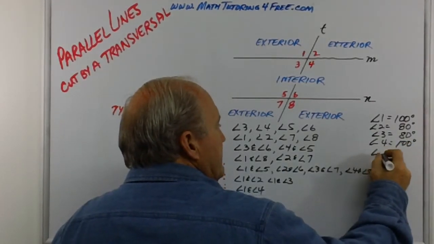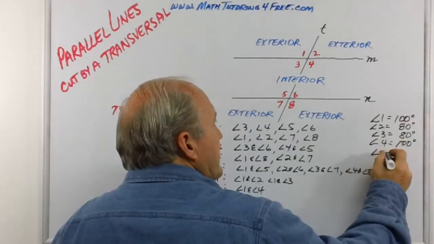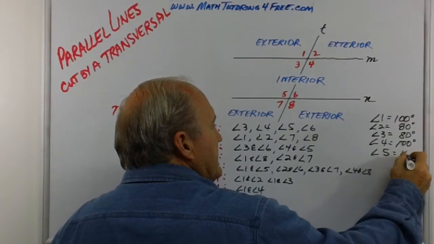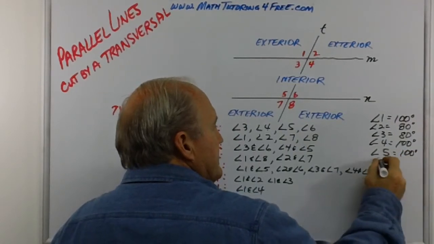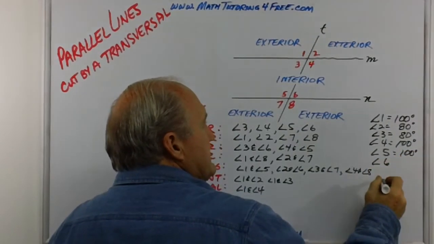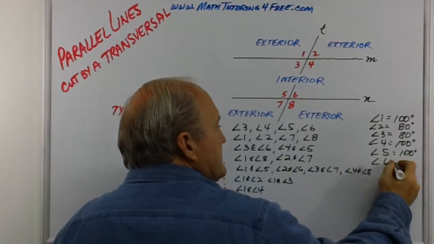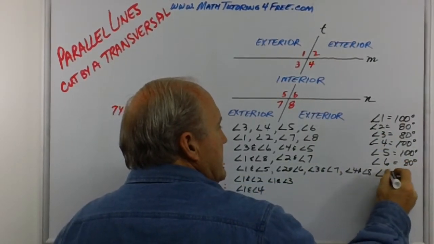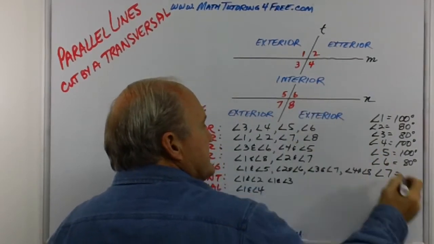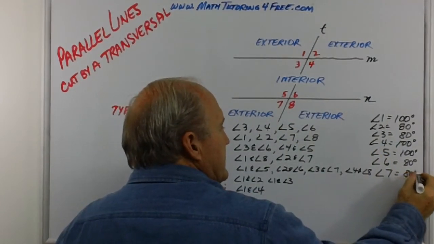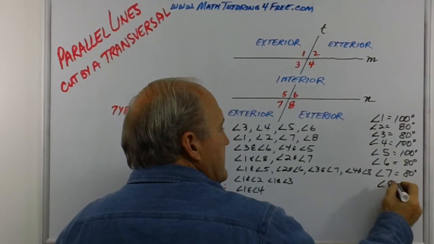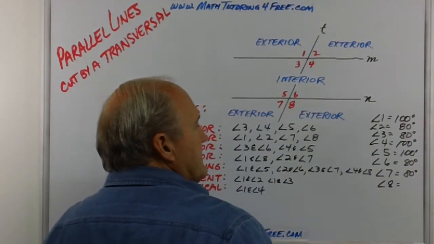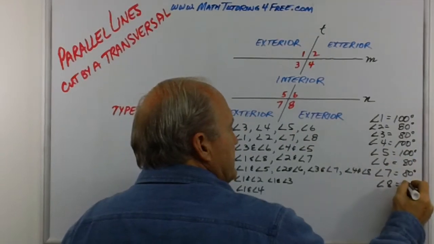And quickly you're going to find that 1 and 5 are corresponding, so if 1 is equal to 100, then 5 is equal to 100. 6 is corresponding to 2. 2 is 80, so 6 is 80. Angle 7, vertical to 6, is also equal to 80. And finally, angle 8 is corresponding to angle 4. Angle 4 is 100 degrees.